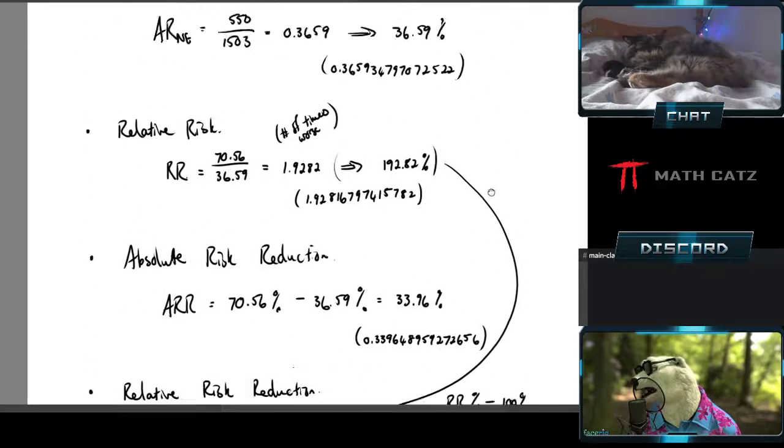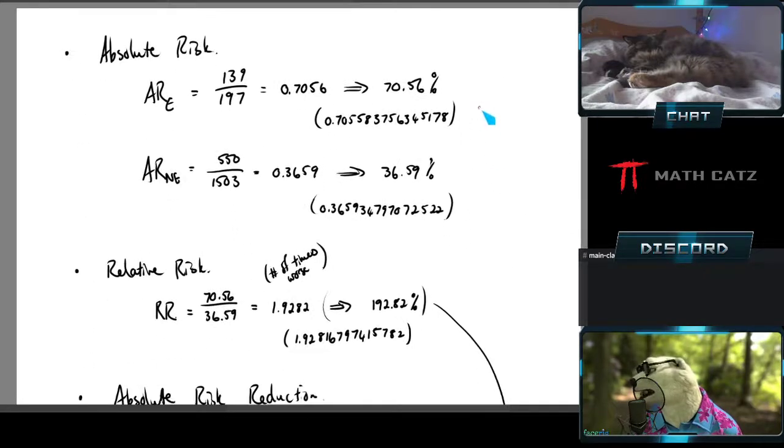Let's just review here. Initially, without looking at the risk factor, I was at 36%, and that jumped up almost double, which is what the relative risk says. Relative risk is by far my favorite.